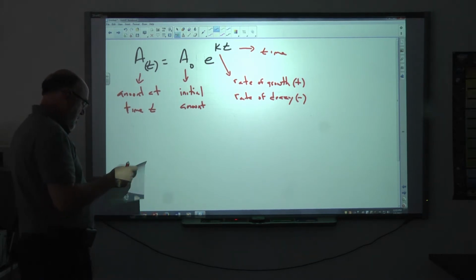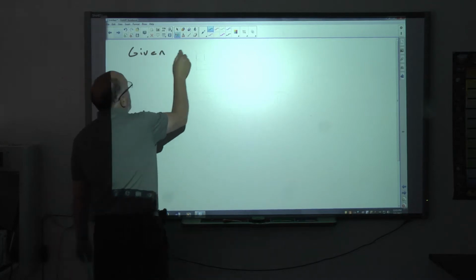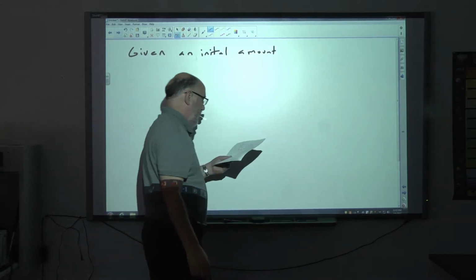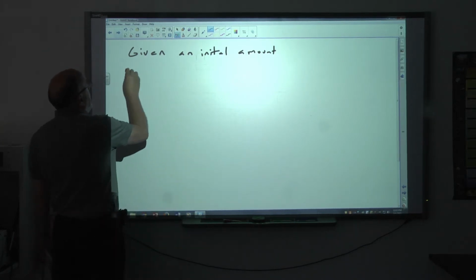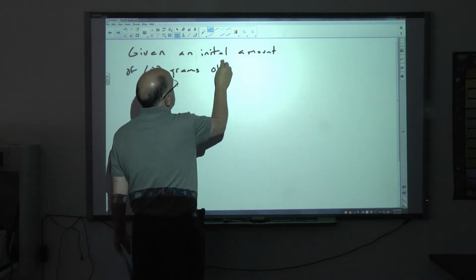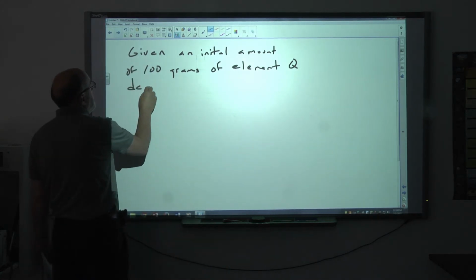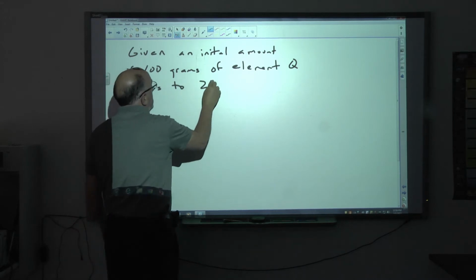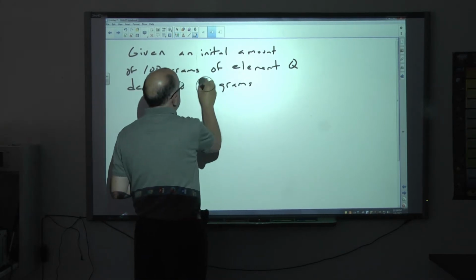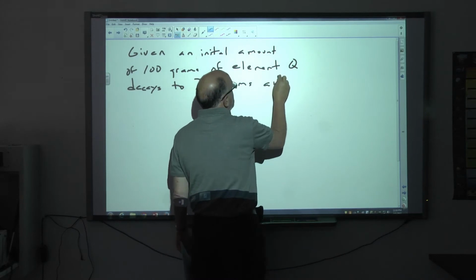So given a question that deals with this, something like: given an initial amount of 100 grams, it decays to 70 grams after 20 hours.